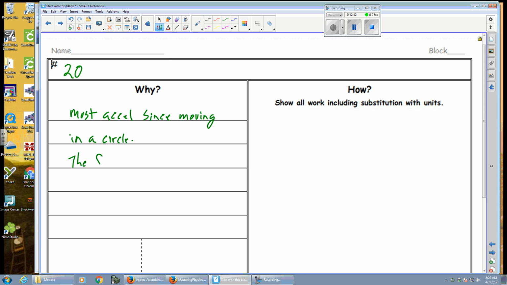The faster and/or the bigger the radius, the more acceleration.